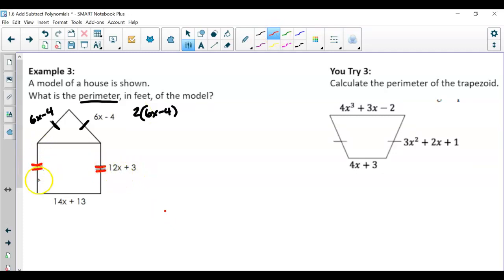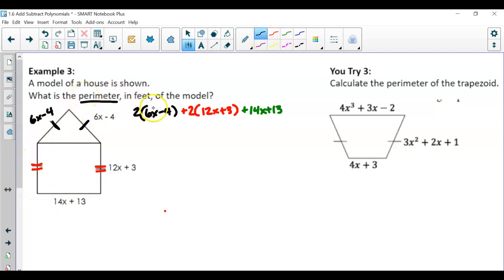That means the other side here is also 12x plus 3. So we are also taking that 12x plus 3 and doubling it. Then last, we are combining 14x plus 13. So notice we are adding up these 5 sides to find the perimeter.